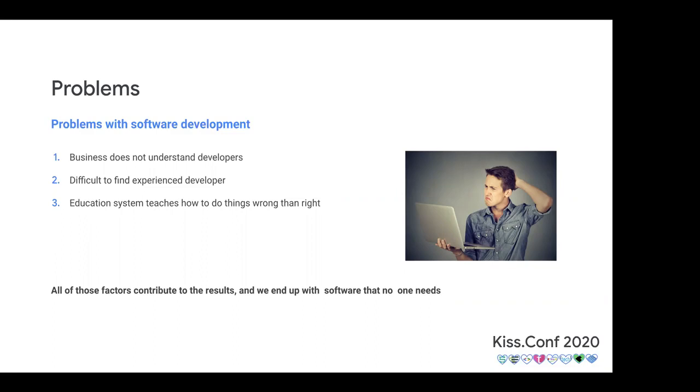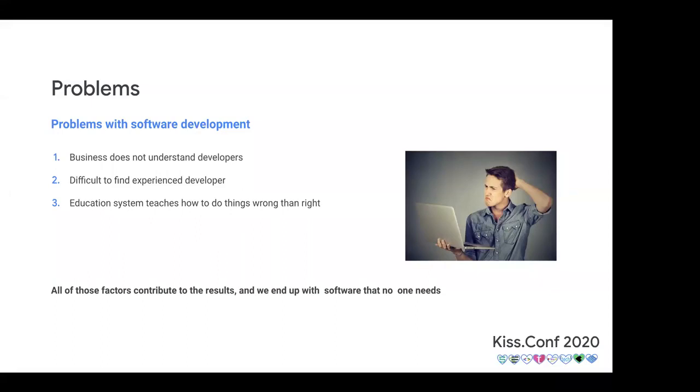Before jumping into the results, I want to highlight some of the problems in the software development process in the first place. Usually the business people who are responsible for making decisions don't understand the developers, but they make the decisions.